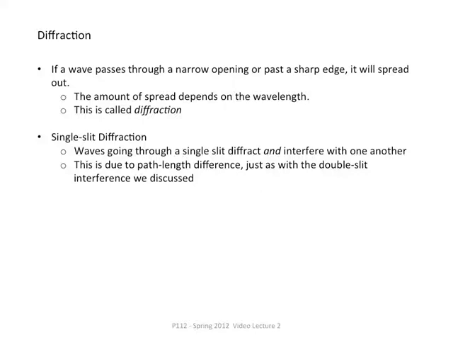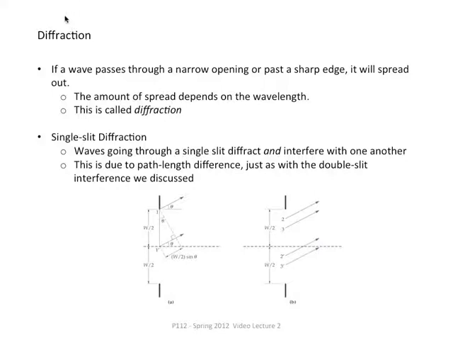This is, again, as with the double slit, due to the path length difference between the waves where they begin going through the slit and where they end, or where we observe them. So here we have a slit with waves coming through. As the wave comes through, it gets bent and travels in the direction of the blue arrows.